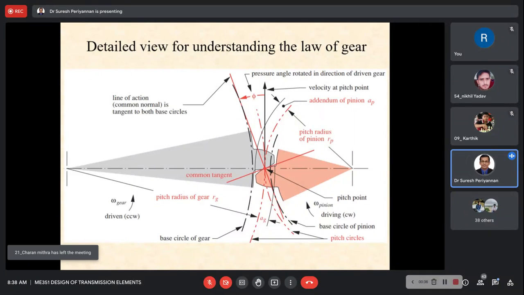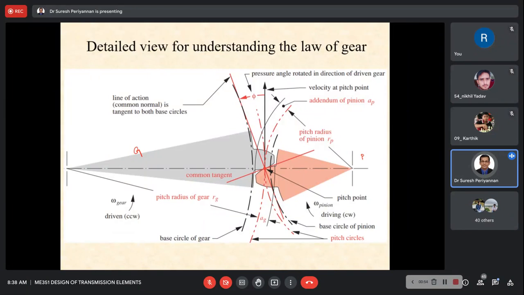See here, this is the gear, this is the pinion. Before the other students join, we'll discuss for a couple of minutes, then move to the next content.